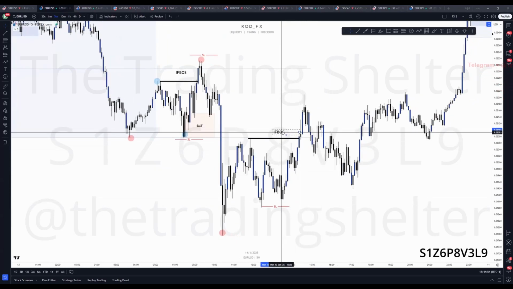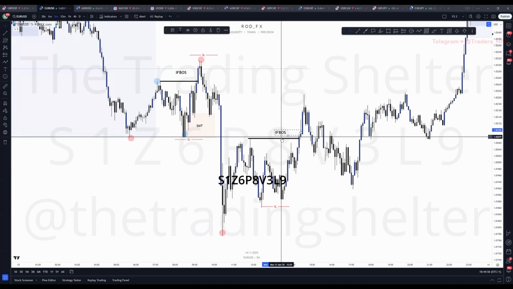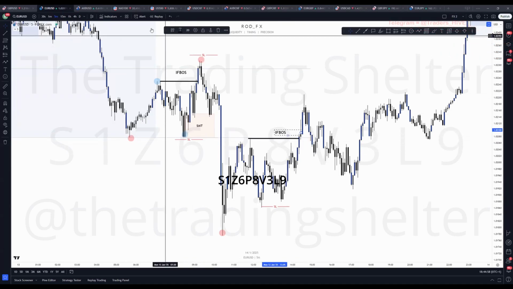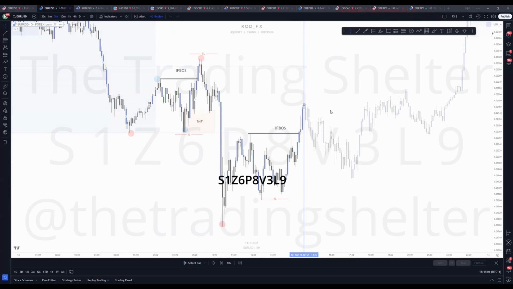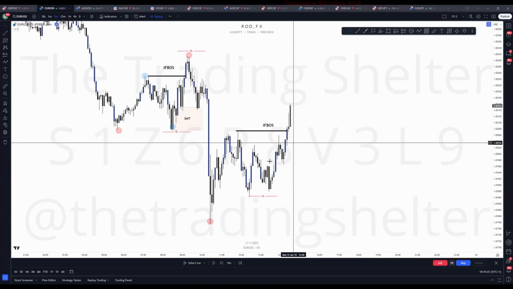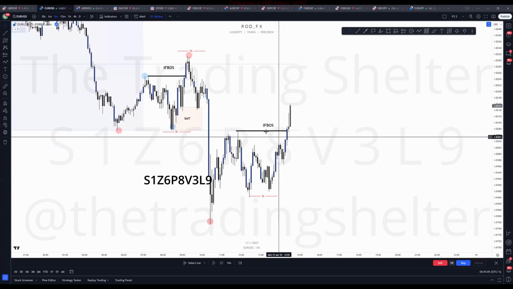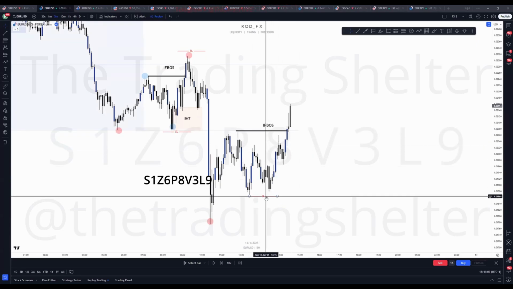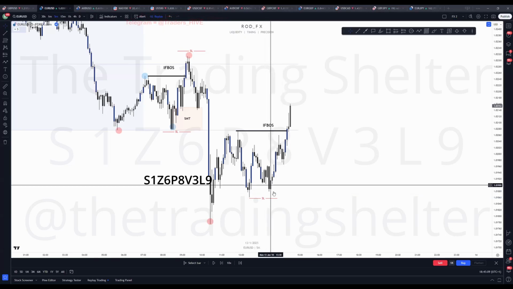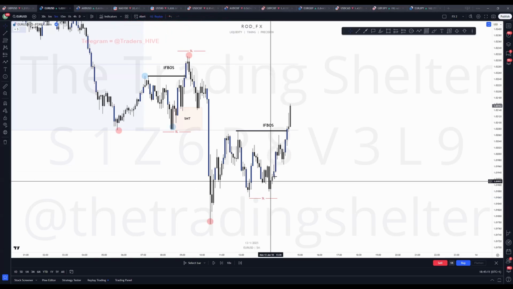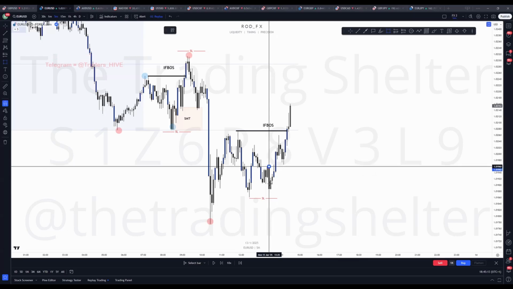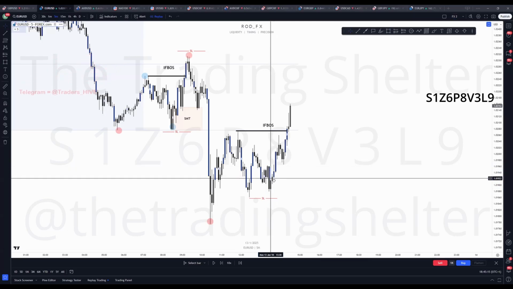But if you want to identify this as an FBOS while you're trading, that's not a problem. Okay. You can identify this as being a structural switch, and you're trying to target, let's say, this SMT. Okay. Let's say you identify this as an SMT.